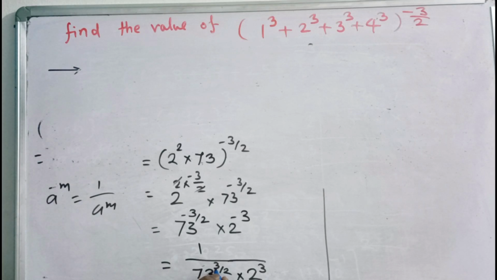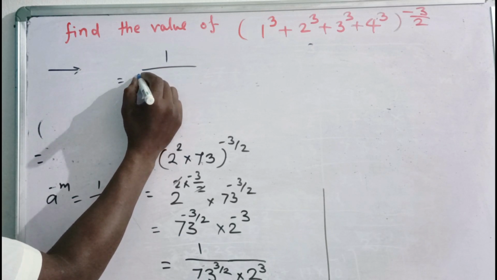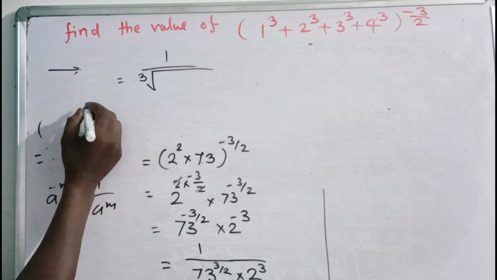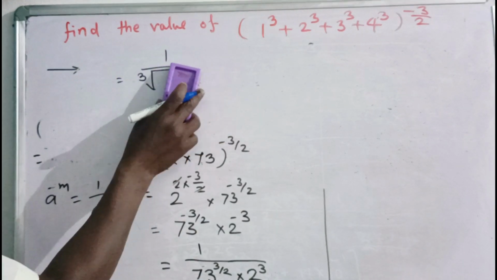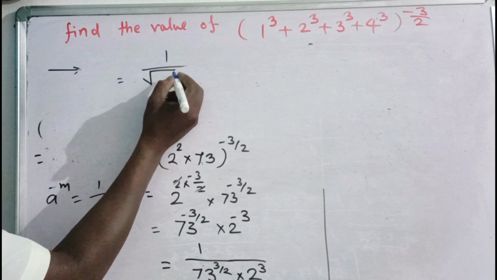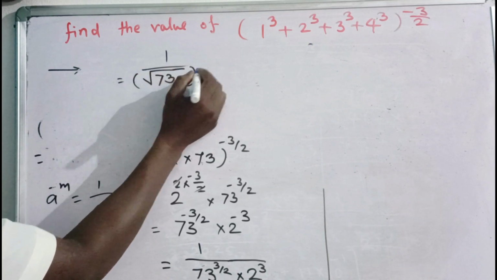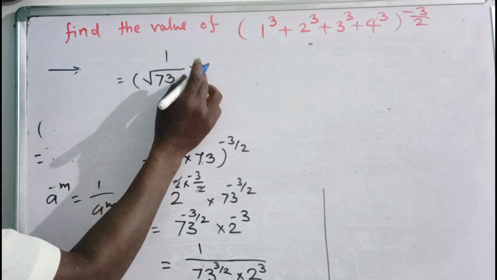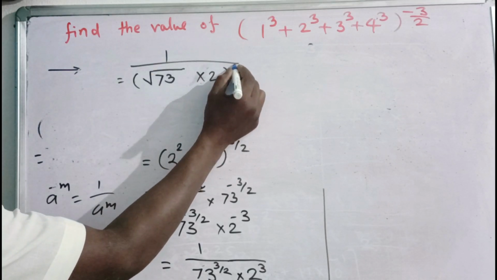Now this is cube and this is under root. 1 upon third root of, under root, one upon under root of 73 cube into 2 raised to the power 3.